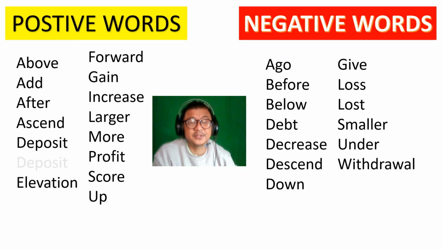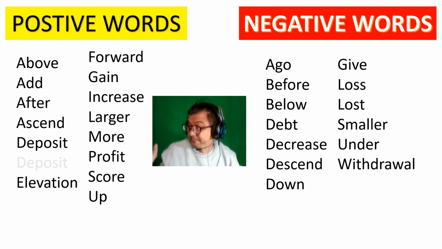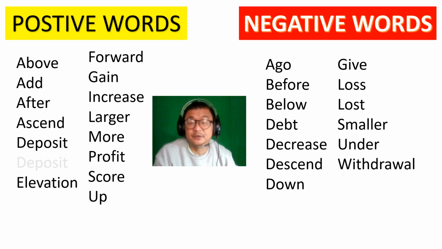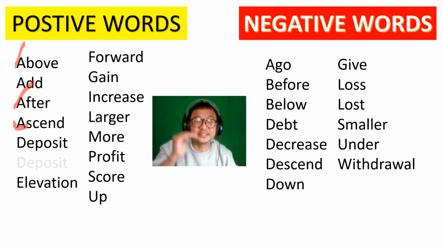Now, the following are the positive words. Check it out. Above, it could be 10 feet above sea level. After something happened. Ascend is going up. Deposit, you put money. When you put money, you gain money. Deposit is positive.